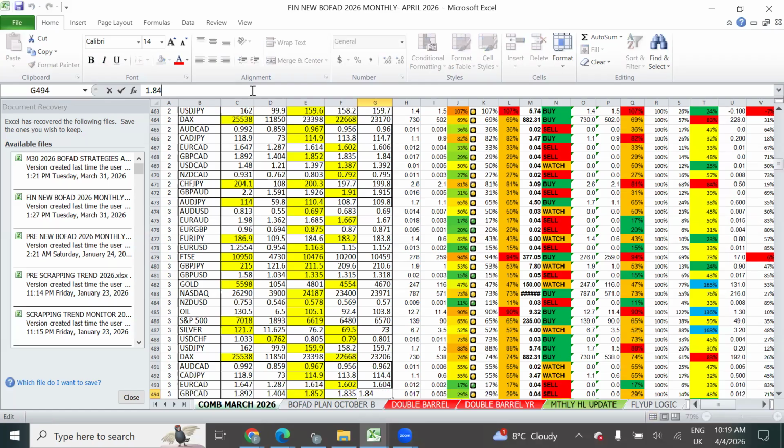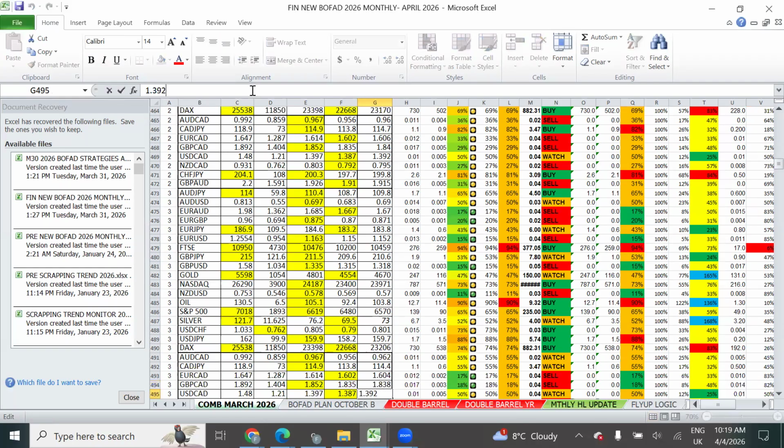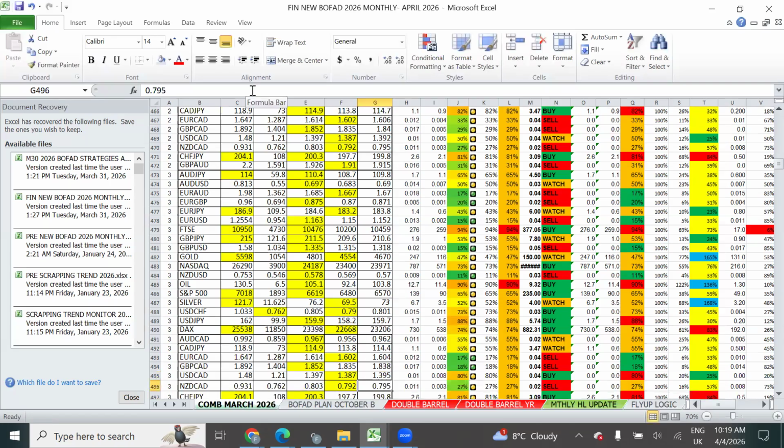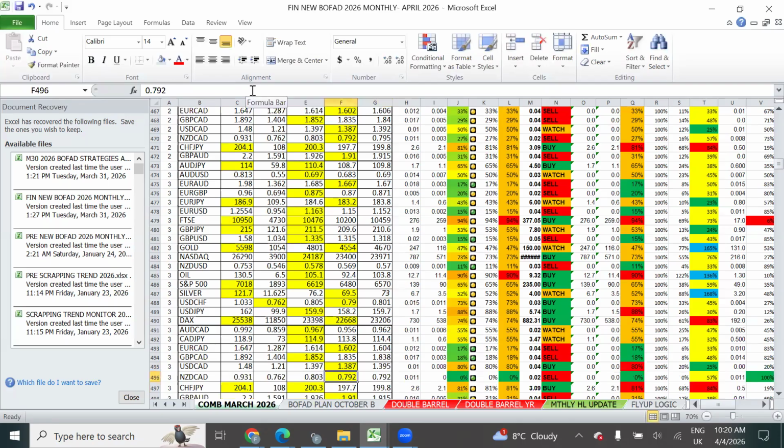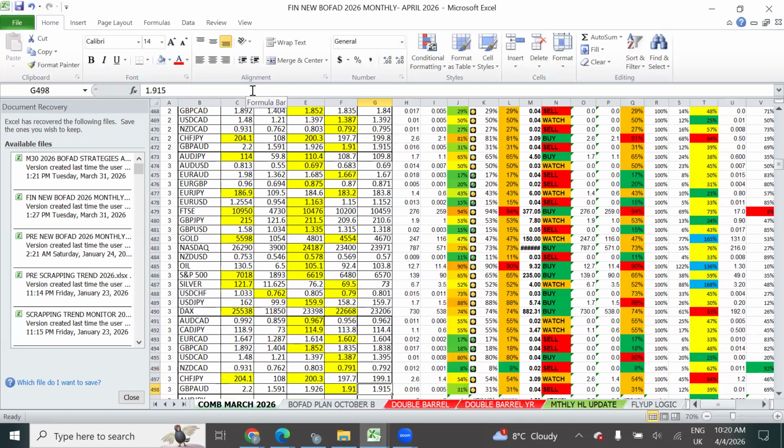So that's what we do. 39, right, and 79. So you can see this one, the price has reduced, 2.791. Okay, that's 199.1. And finally, 1.914.